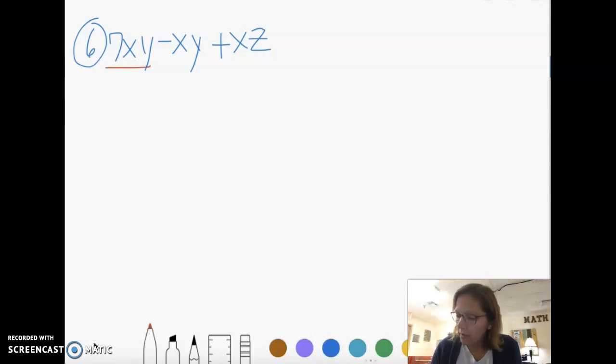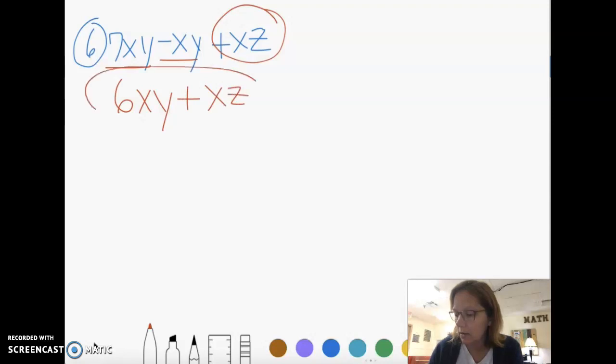I see that I have an xy and an xy. Those are the same, so they go together. I have 7xy minus 1xy. 7 minus 1 is 6xy, and then this one has no match, so I just bring it down next to the other one, and that's as low as I can go.